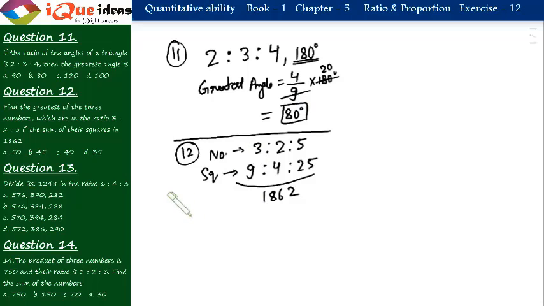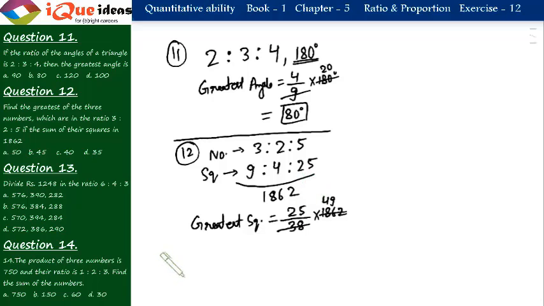The question is asking for the greatest of the three numbers. So the greatest square would be equal to 25 divided by 9 plus 4 plus 25, that is 38, into 1862. As you can see, 38 divides 1862 49 times.